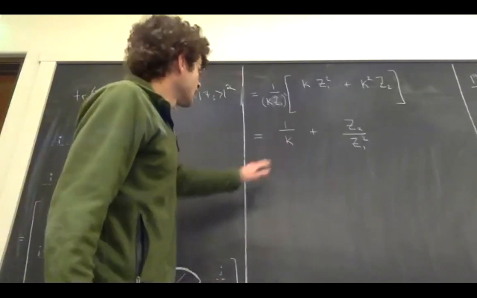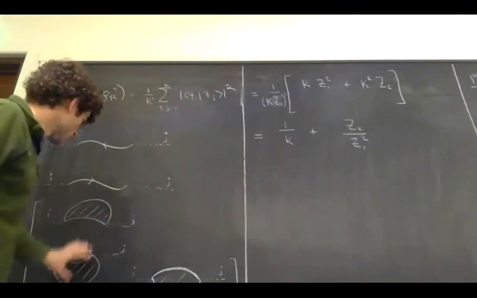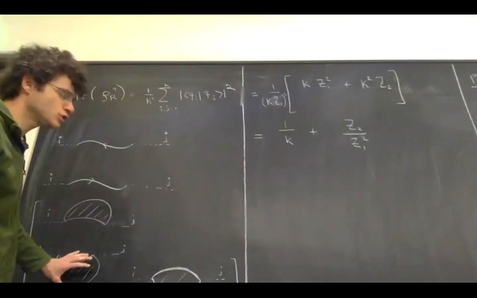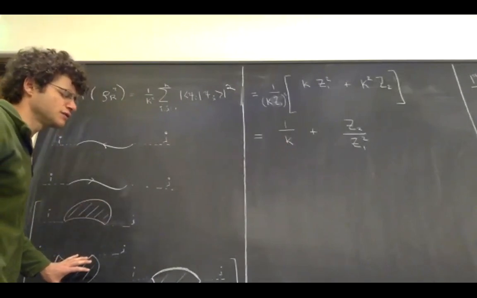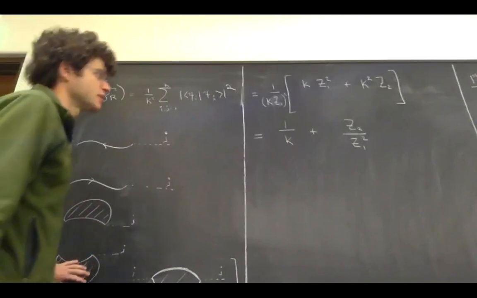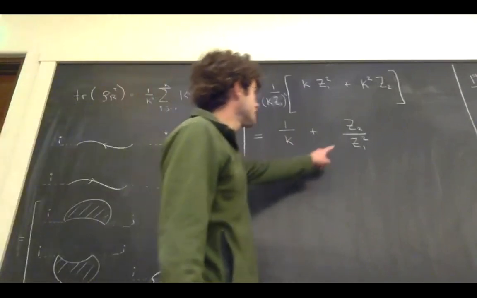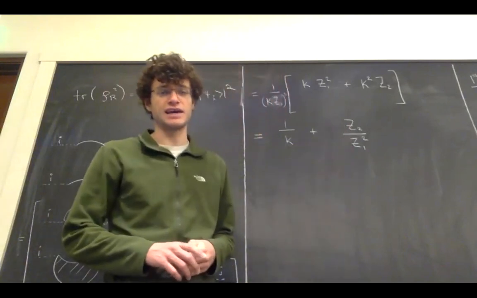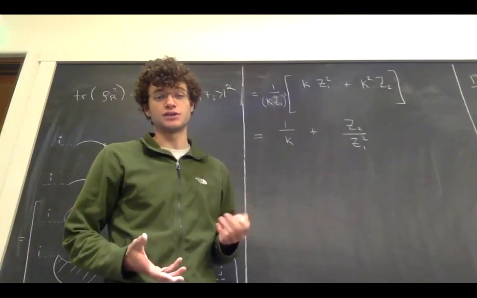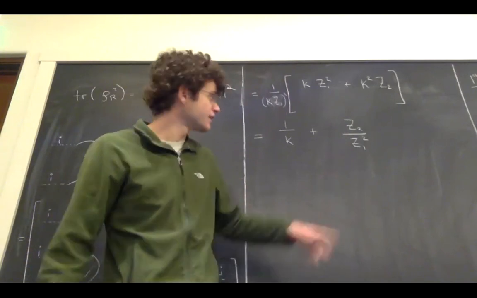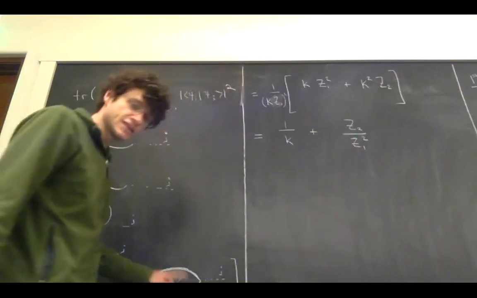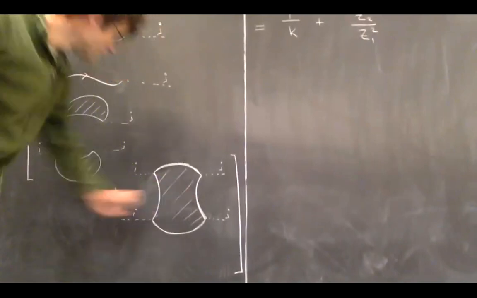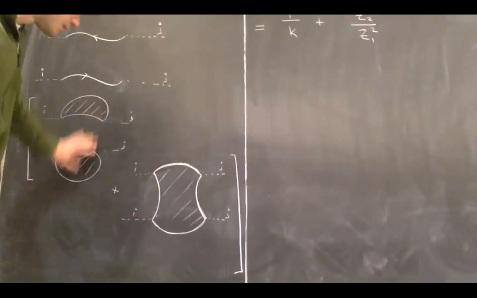And so we get that term here that comes from this trivial geometry where we have just two disconnected copies of the computation for the density matrix itself. The novel thing is this additional term here, Z2 divided by Z1 squared. It's independent of k, and it's just given by a gravity computation. In principle, to compute it, we have to do the path integral on this connected space here, and compare it to the path integral on these spaces here.